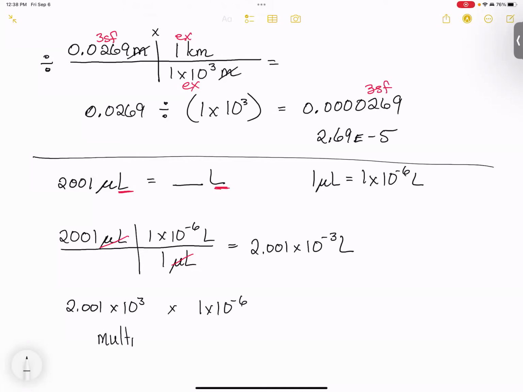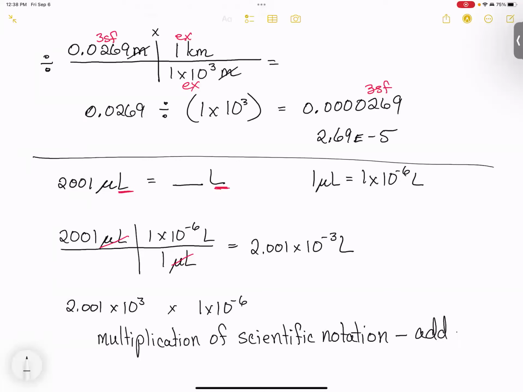In multiplication of scientific notation, you add the exponents.